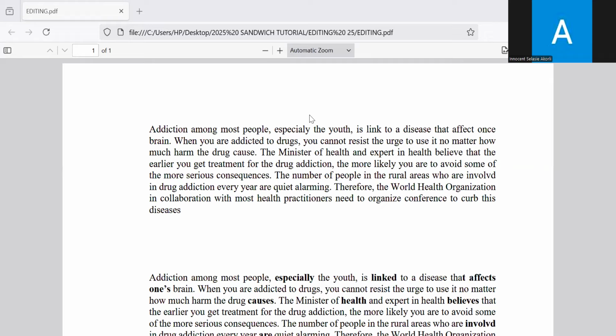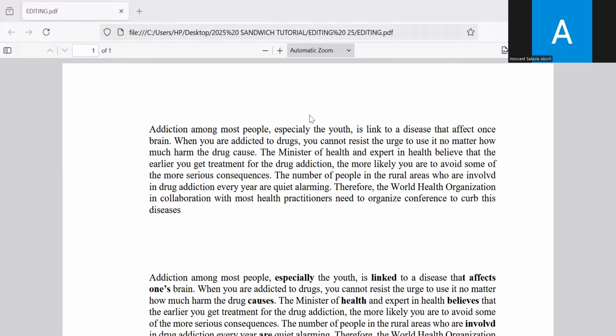Addiction among most people, especially the youth, is linked to a disease that affects one's brain. When you are addicted to drugs, you cannot resist the urge to use it, no matter how much harm the drug causes. The Minister of Health, an expert in health, believe that the earlier you get treatment for the drug addiction, the more likely you are to avoid some of the more serious consequences.